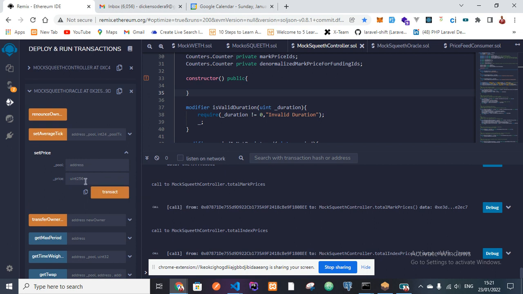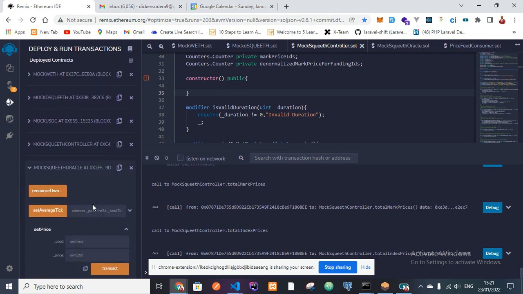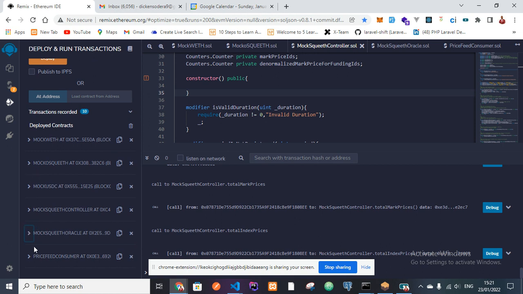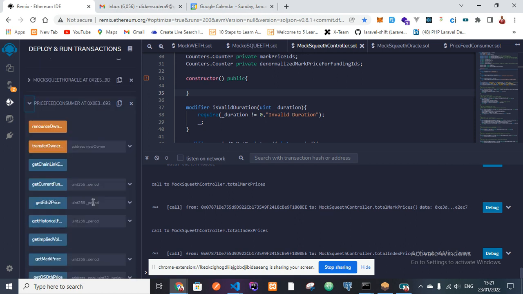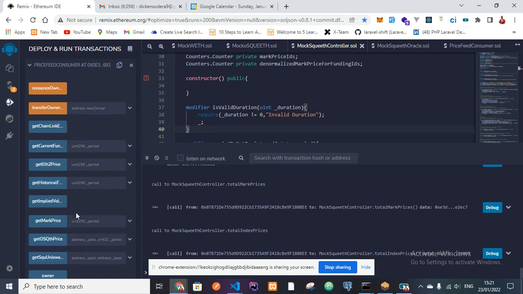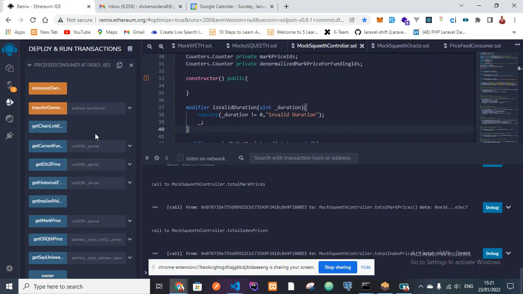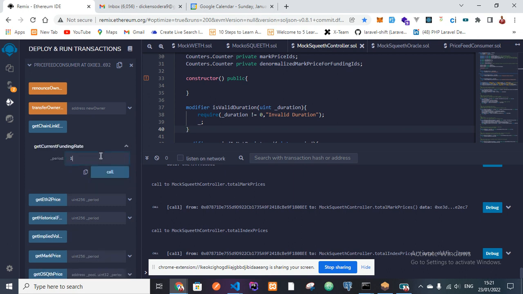So you can set the pool price. Coming to our price feed consumer, using the controller functions that we've interacted with previously, we can get the current funding rate that we added from our controller.